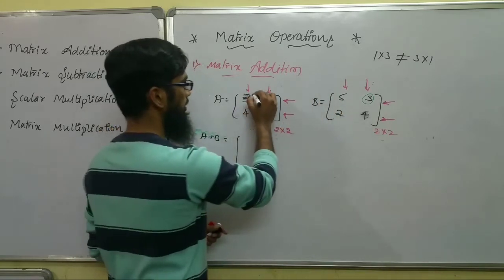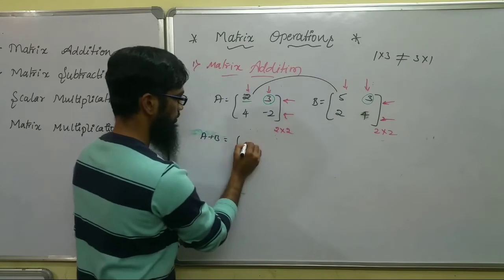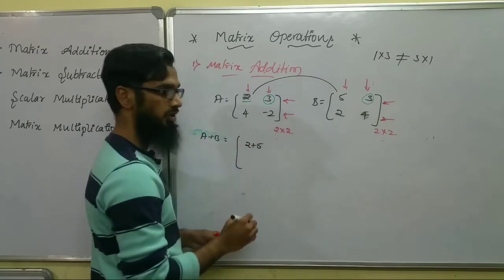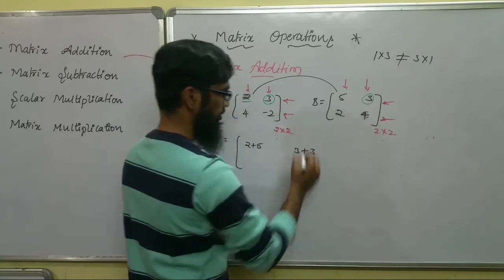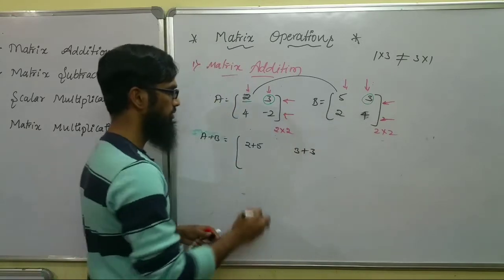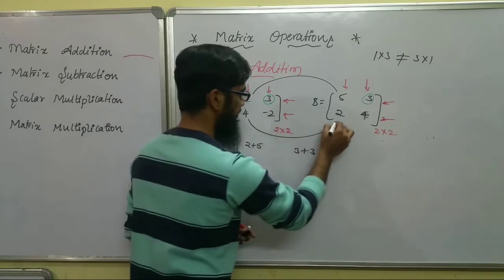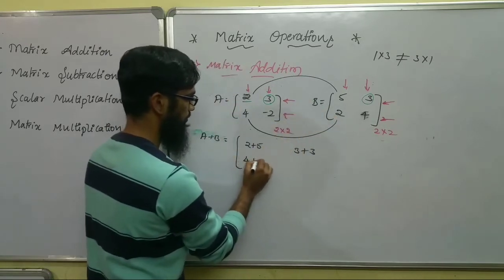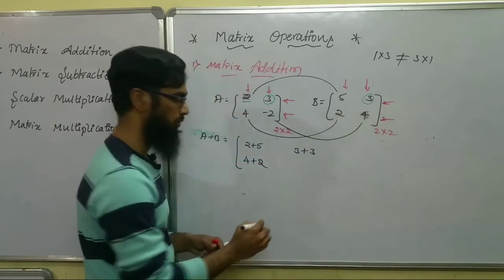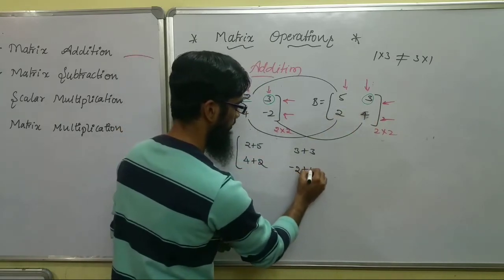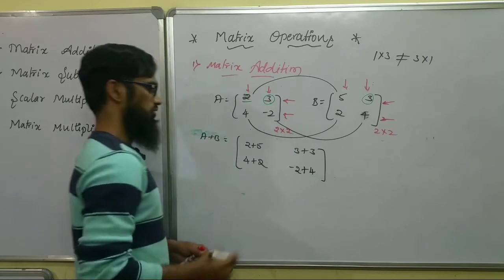Directly we can take this. Again 3 plus 3 here, we are only adding the corresponding elements. Similarly 4 with 2, and this minus 2 with plus 4. So this is how we have to add.